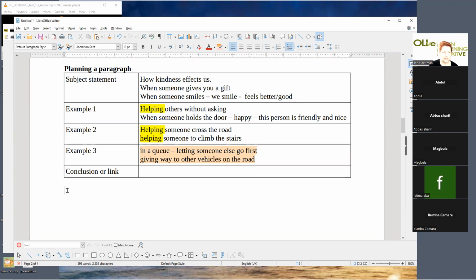Has anyone thought of how they would start a paragraph about kindness with this information in it? I will start to describe the general kindness. Okay, how would you say? What would you say?